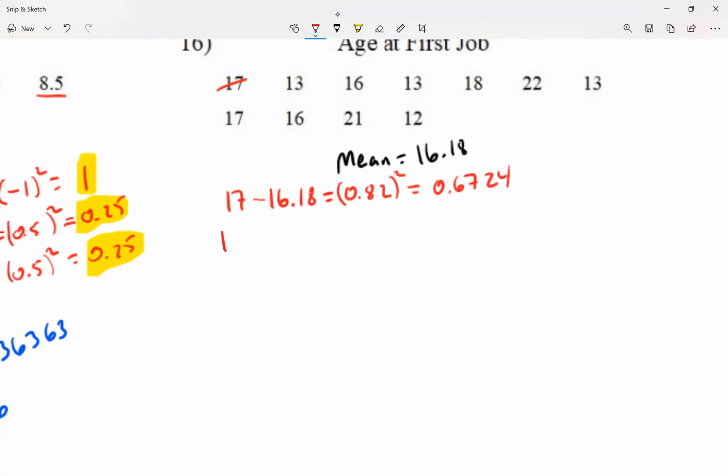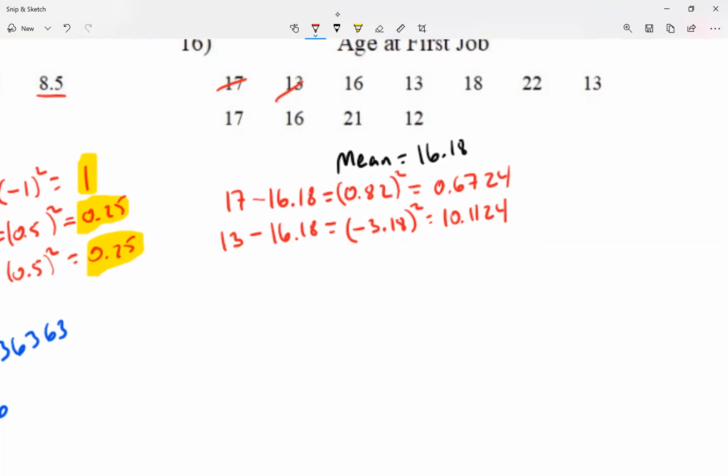Then let me do 13 minus the mean, 16.18. So 13 minus 16.18. My answer is negative 3.18. Square it. And that gives me 10.1124. Okay, I'm done with that number.